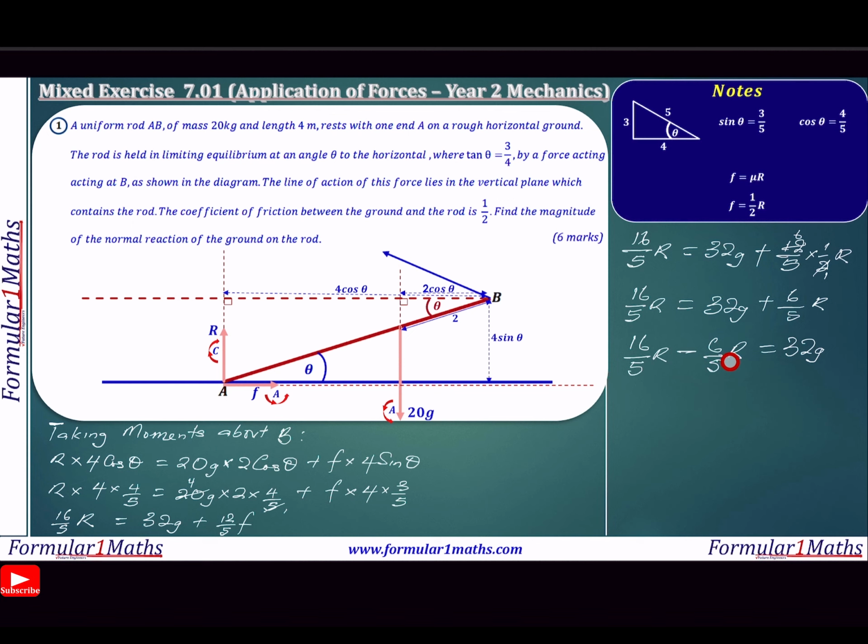And so I get 2R equals 32 G. And so R is equal to 32 G over 2. And hence R is equal to 16 G newtons, which is also the same as 157 newtons. And this is the required value of the normal reaction of the ground on the road.